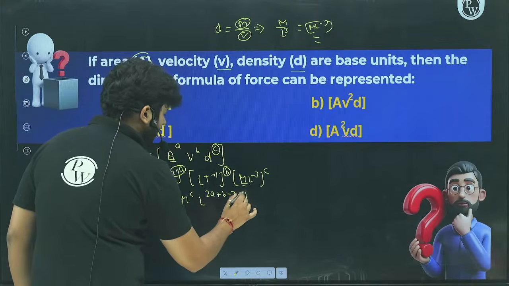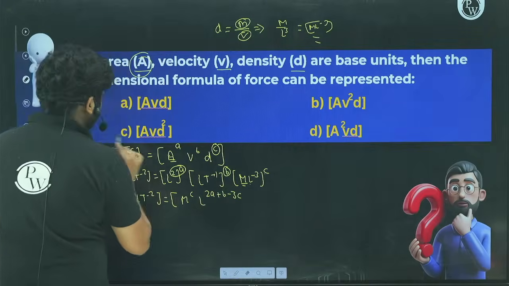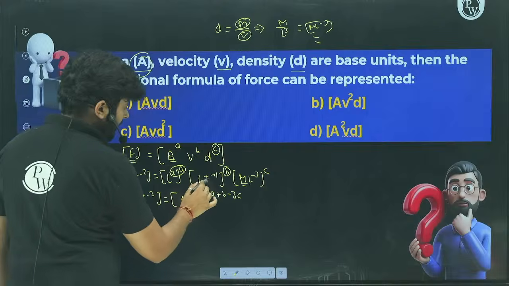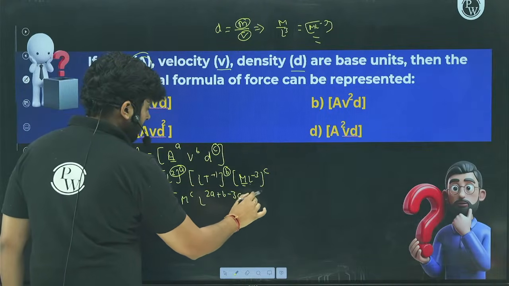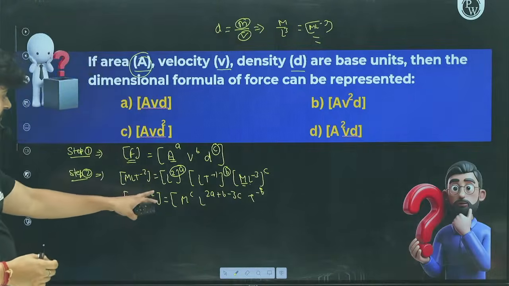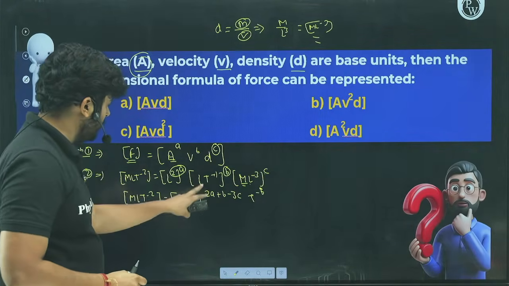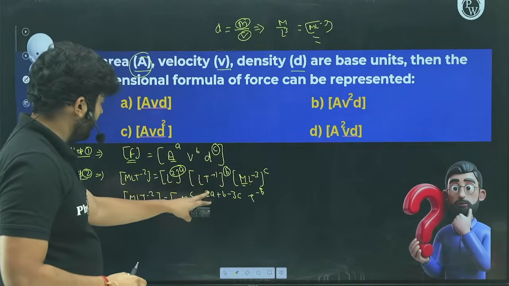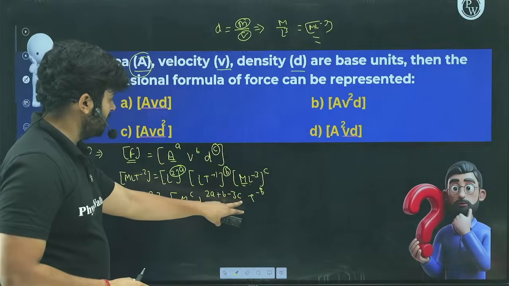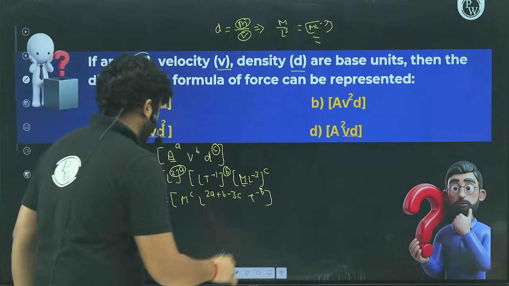For time we have T to the power minus B, and there is no other expression. So this is M to the power C, L to the power 2A plus B minus 3C, and T to the power minus B.